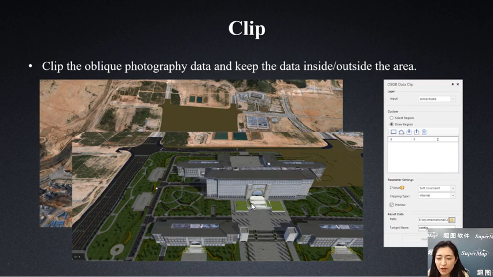This method is also suitable for model map catching. The oblique photography model clip operation refers to obtaining the oblique photography data within a specific range according to the user's needs.